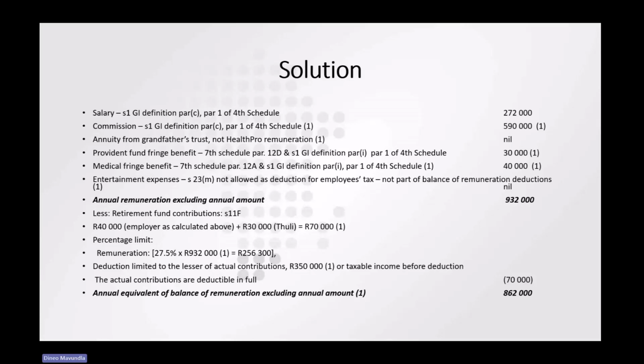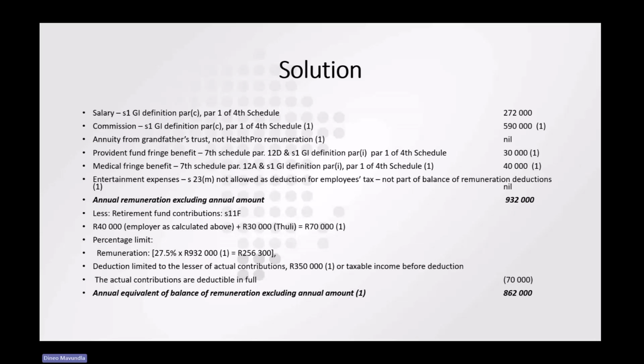But then now we are saying that we are changing what section 11 cap F is saying to us. Section 11 cap F is the one that tells us that we take the greater of the 27.5% of the greater of the taxable income or the remuneration.